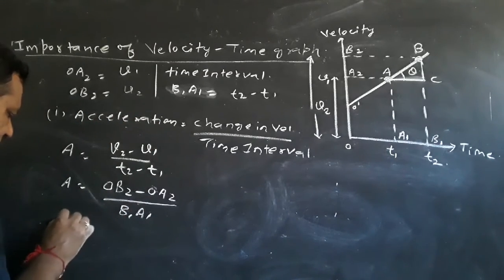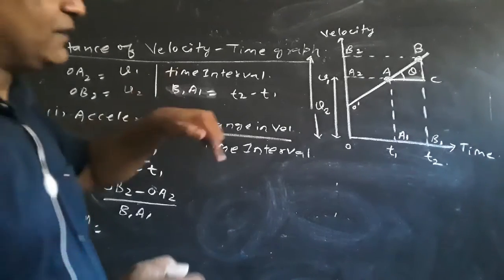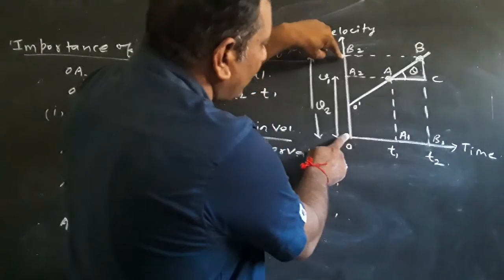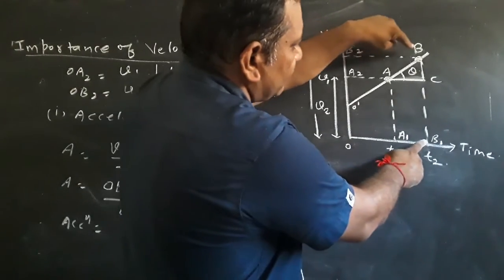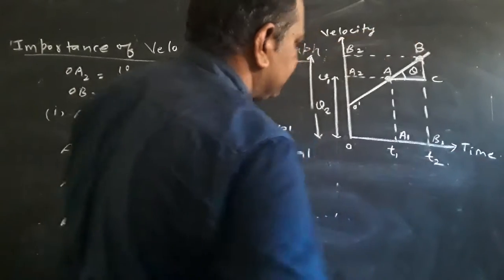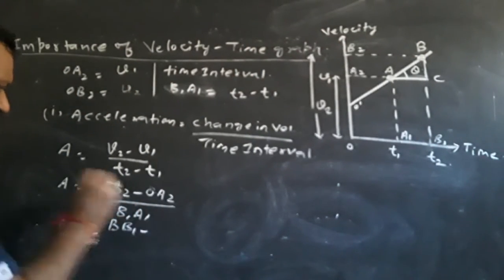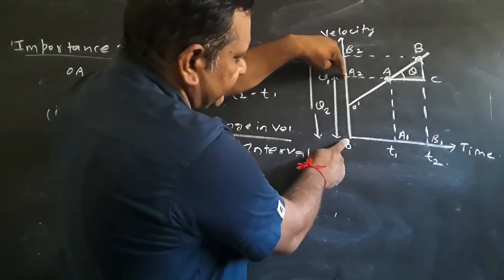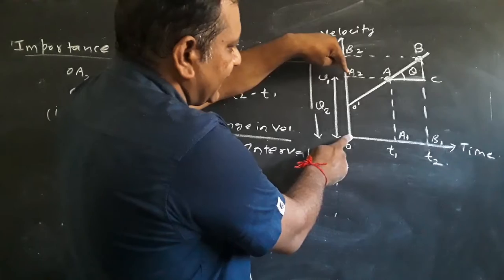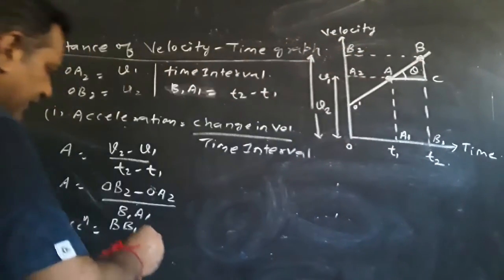Now acceleration is equal to OB2. From the graph you can see OB2 is equal to BB1. So we can write BB1 minus OA2. This OA2 is equal to CB1.